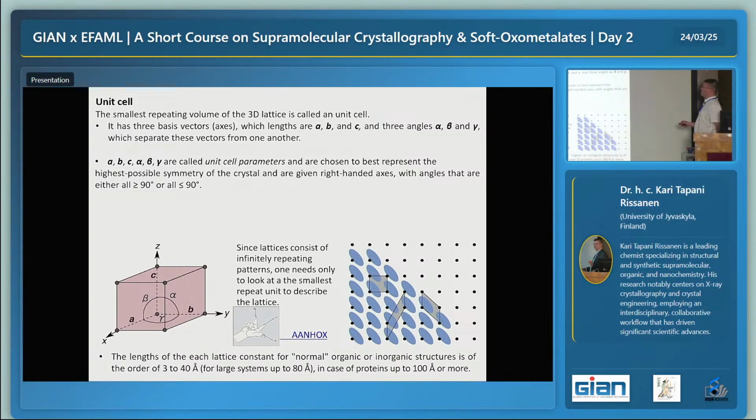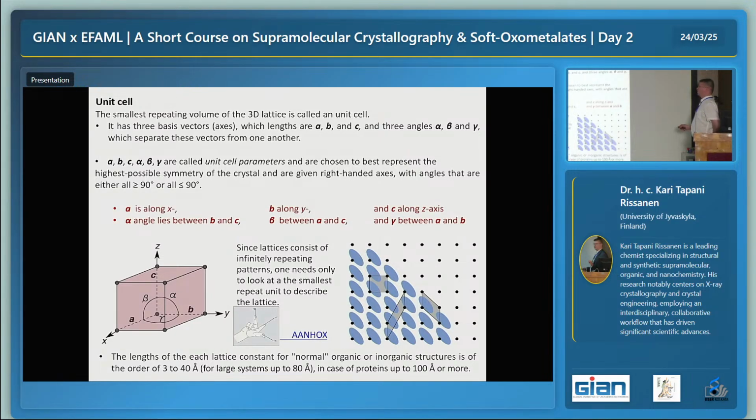A, B, C, alpha, beta, gamma are called the unit cell parameters, and they are always chosen so that they represent the highest possible symmetry of the crystal. Soon you will see how we define the crystal system, with the right-handed angles, and angles that are either all about 90 or higher, or 90 or smaller than 90. And we always aim to have 90.